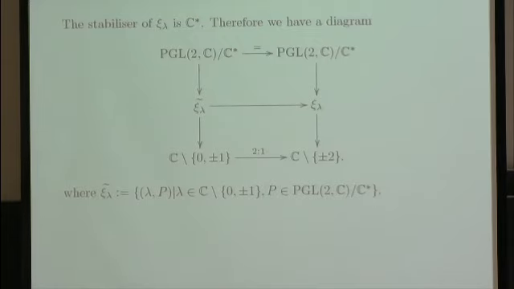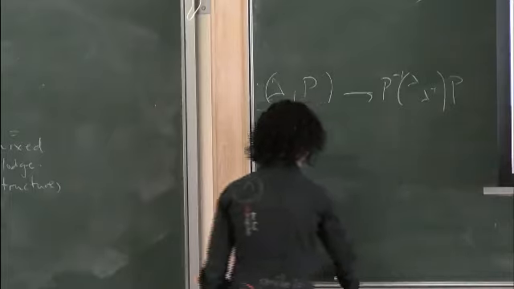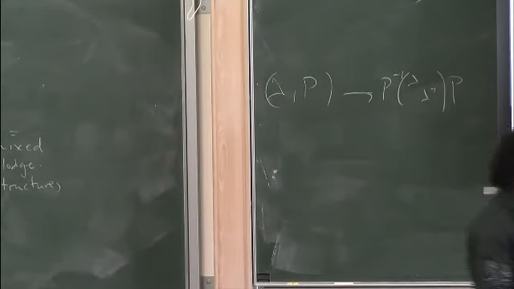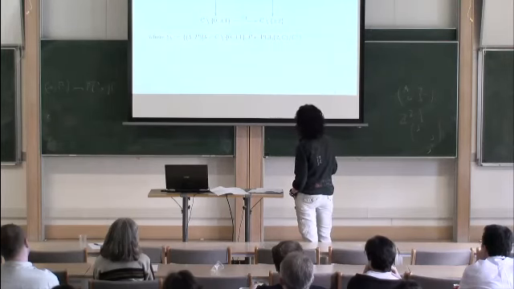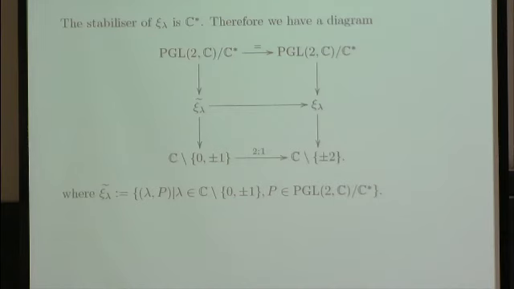You just send this one to this. The one here is the trace, and here you send lambda to lambda plus lambda inverse. So this satisfies our proposition from before above.